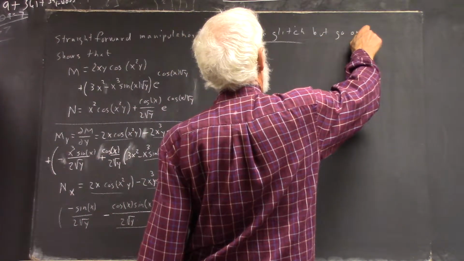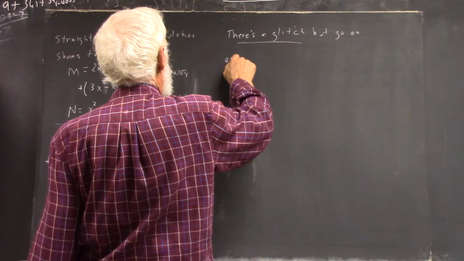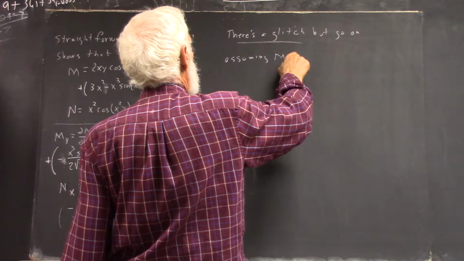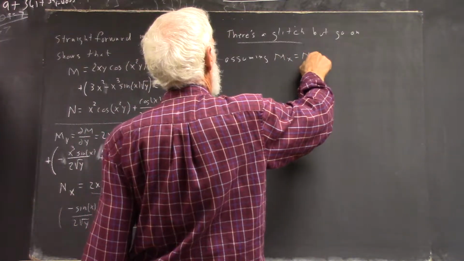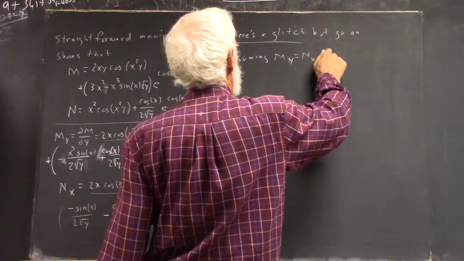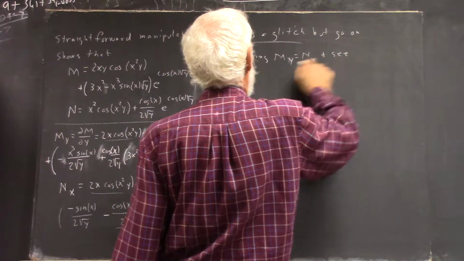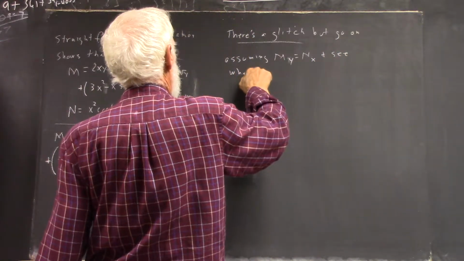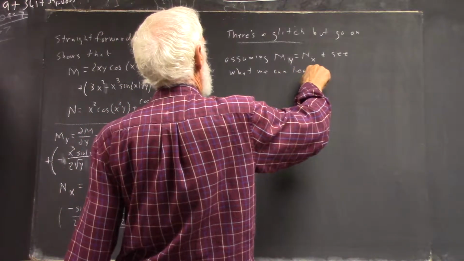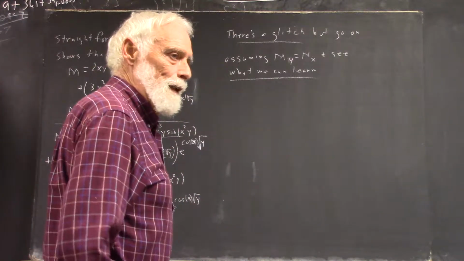But go on assuming mx equals ny, my equals nx. And see what we can learn. Okay?